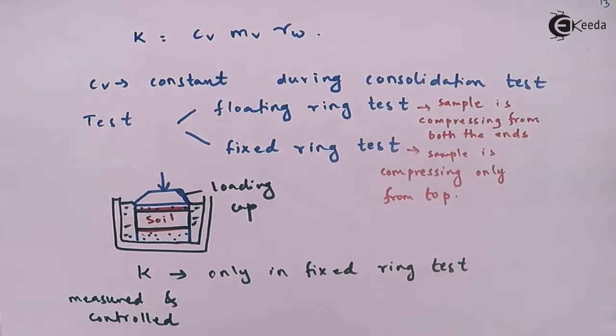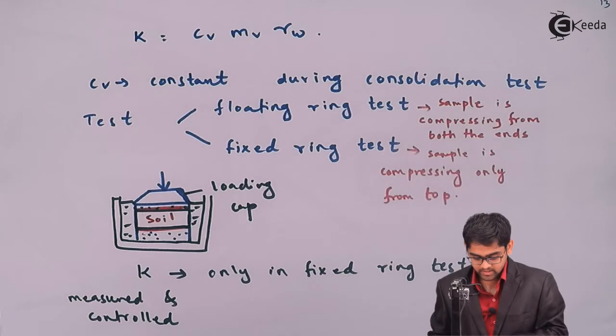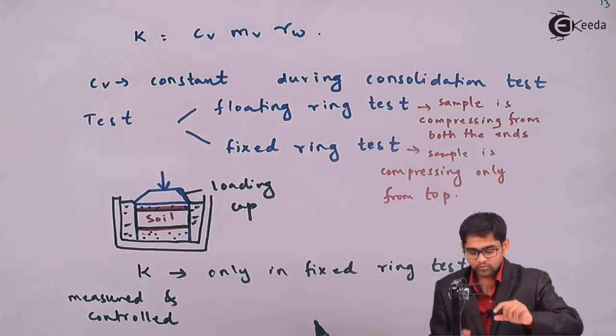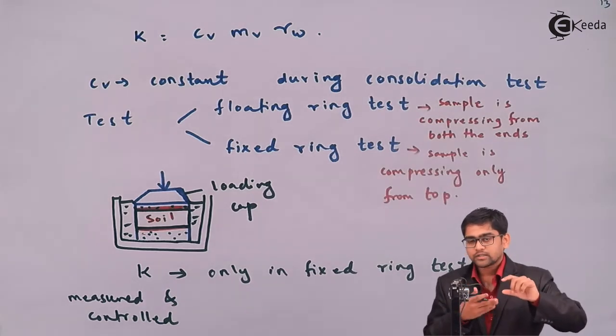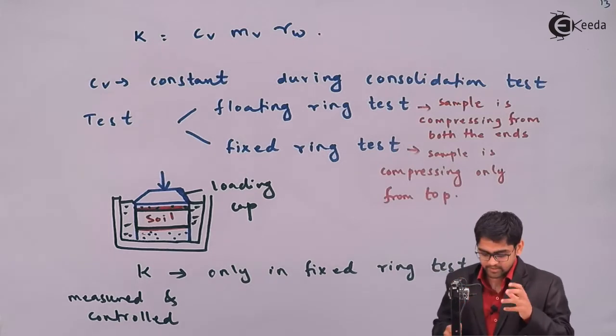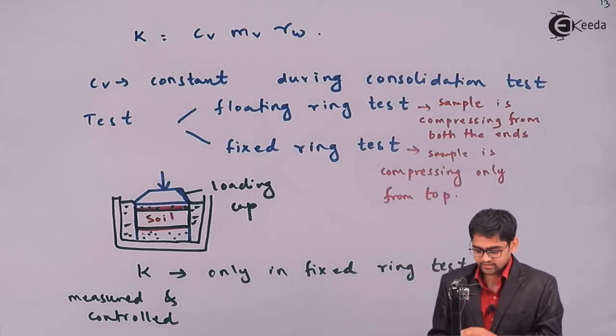Since in the floating ring test the sample is squeezing from both ends, you will not be able to accurately know the amount of water that has gone outside of the soil specimen. But in the fixed ring test, since only the top part is getting compressed, whatever amount of water comes out from the bottom can be measured and controlled.